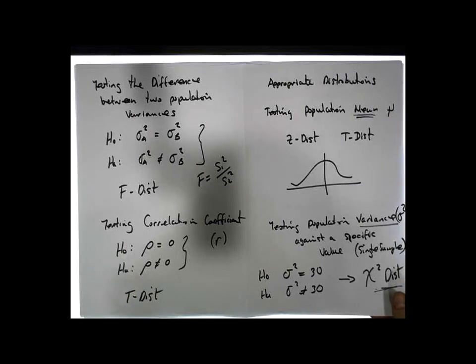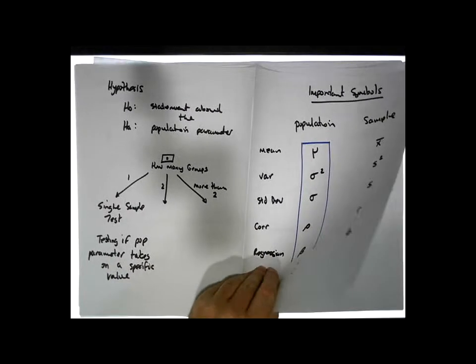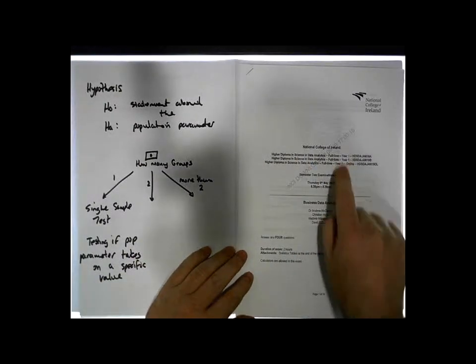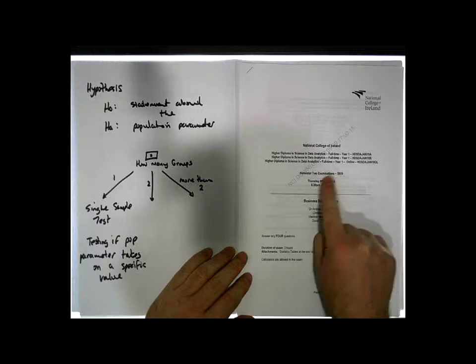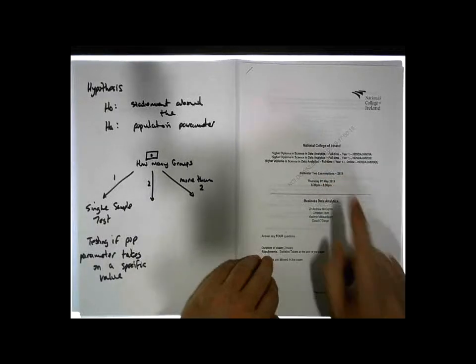So what I want to do now is move on and answer the next question that was asked. Celine, you asked a question, which was to run through an independent samples T test, which is the test in this National College of Ireland exam paper, semester 2, 2019, Thursday the 9th of May 2019, if I'm not mistaken.